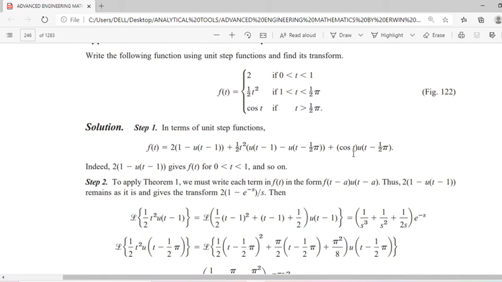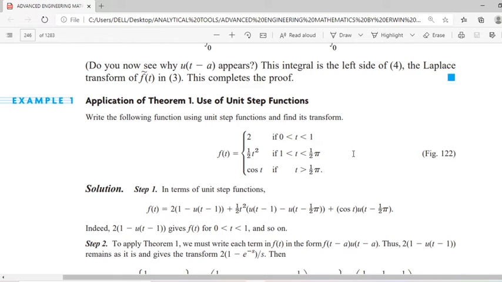Consider this function: f of t equal to 2 for t from 0 to 1, t square by 2 from 1 to pi by 2, and cos t for t greater than pi by 2.